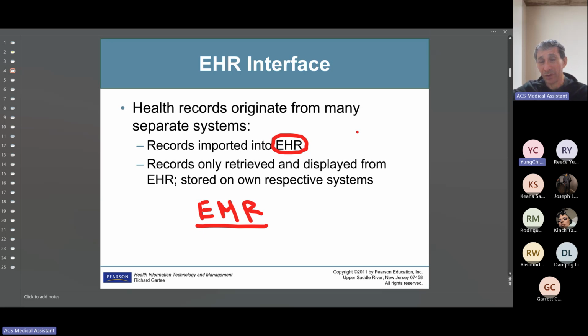We didn't care about what systems somebody else was using because we're not sharing the information with them. But here, with the electronic health records, we are. So we have to have all these gadgets, all these applications that have been added to the system so we can share the information and send it from one building to the next, to another town, to another state, outside of the state.